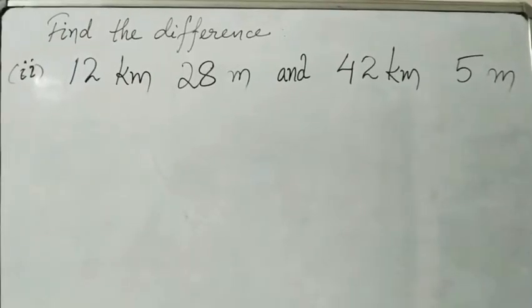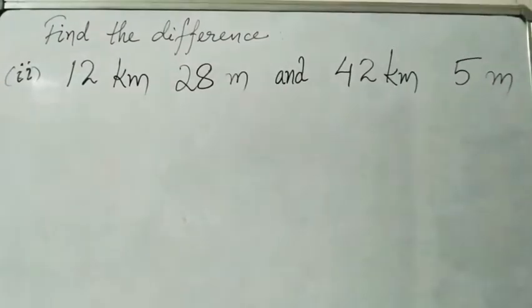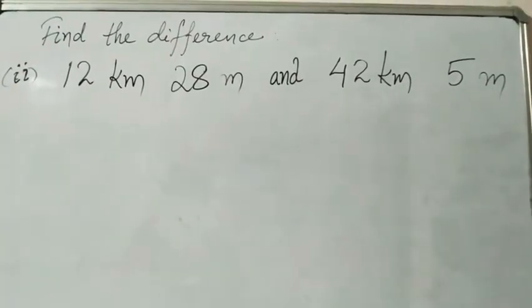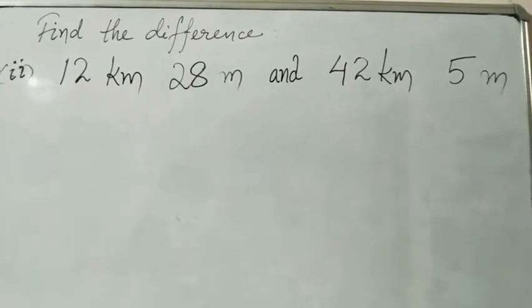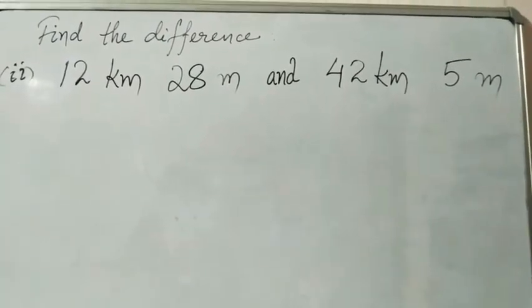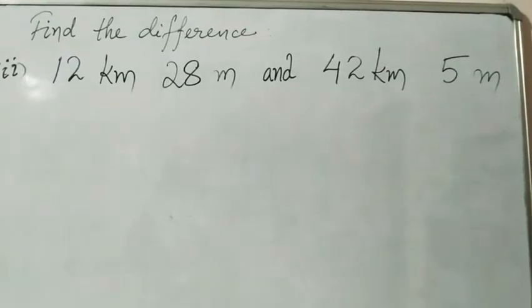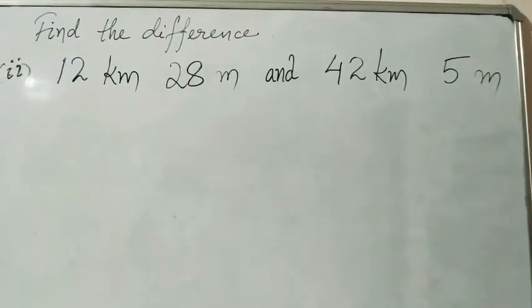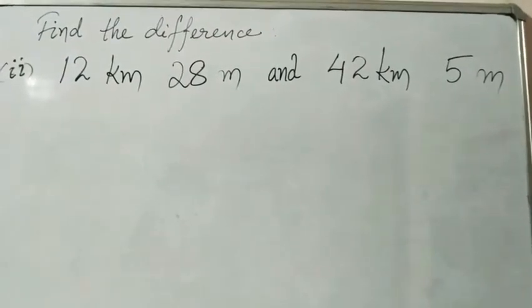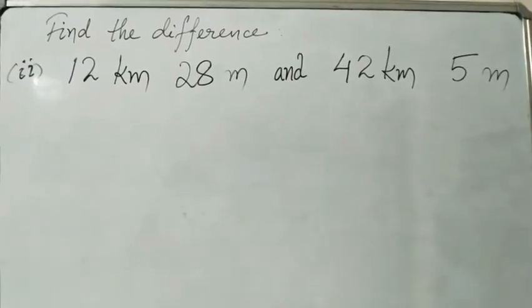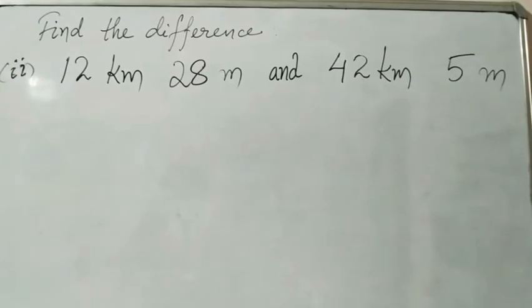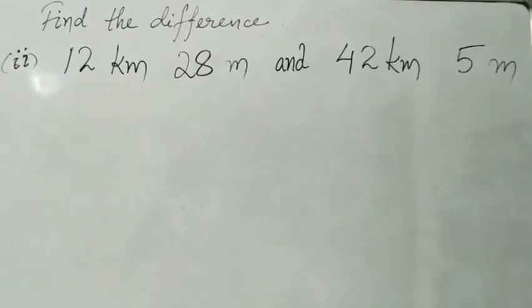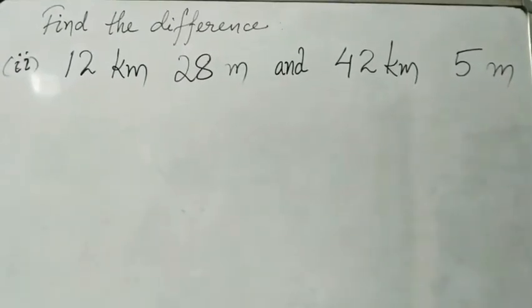Okay, now there is the second question, children. Find the difference 12 kilometer, 28 meter and 42 kilometer, 5 meter. What I told you, first you have to find out which one is the bigger unit, kilometer or meter. It is kilometer. So you have to first find which kilometer is bigger. Don't look at the meter one for finding which one is greater or smaller.